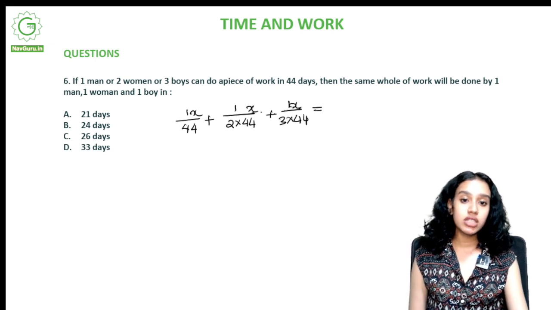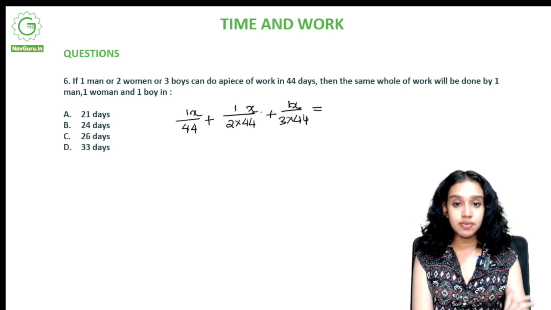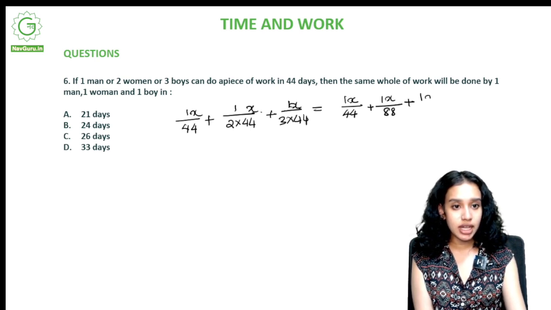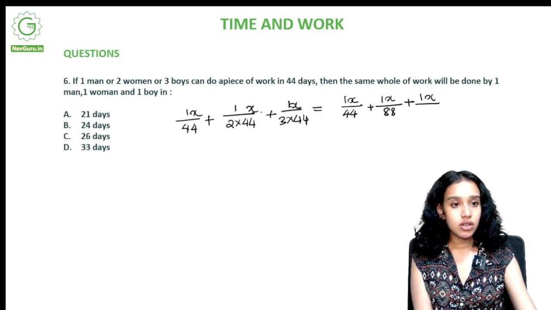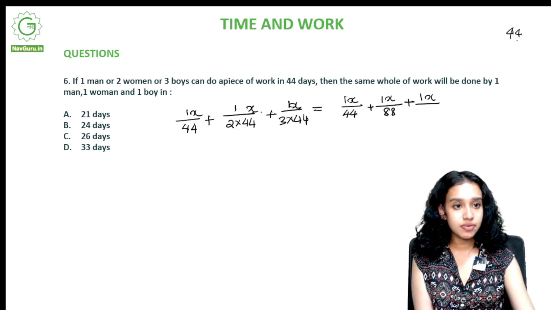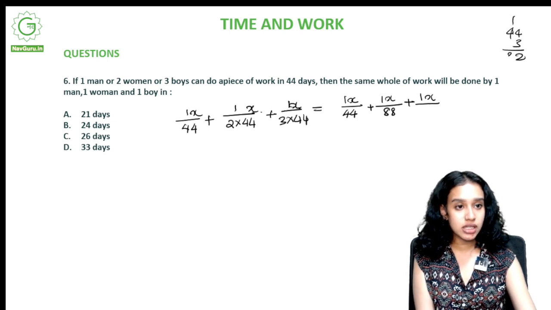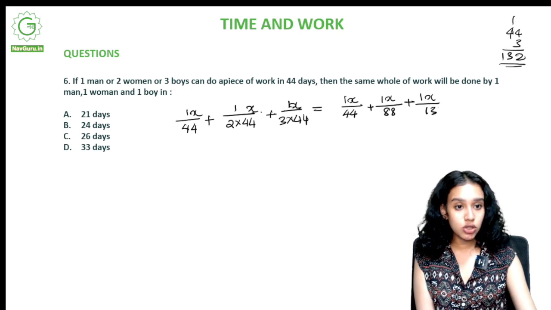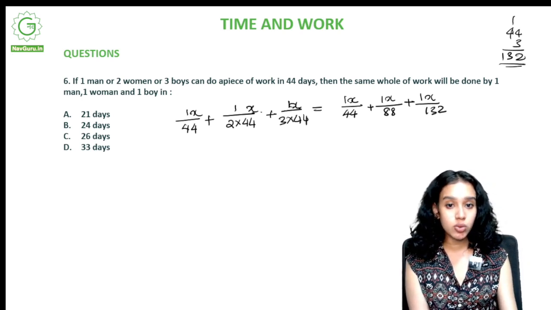So let's convert this whole into the same thing. We have 1x by 44 plus 1x by 88 plus 1x by 44 into 3, 4 3s are 12, 12 plus 1 is 13, and 132. Let's make all the denominators 132.